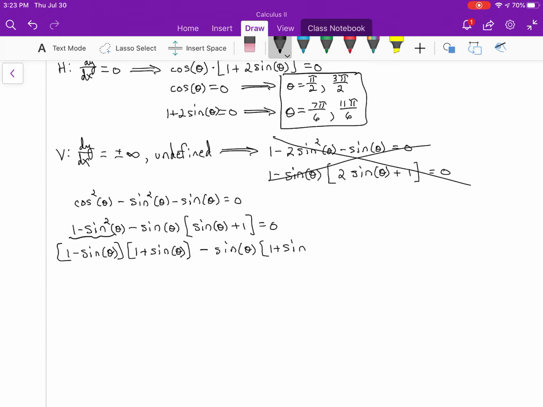And that's going to be helpful because now both parts, the left and the right term on the left side, have a 1 plus sine of theta in it. So I'm going to factor that out.